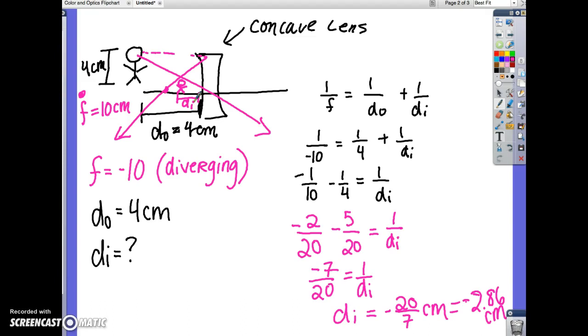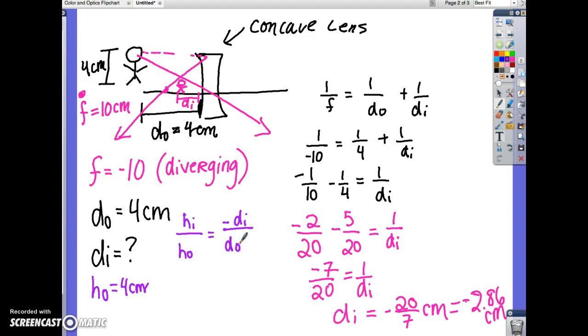Now, to find the height of the image, we're going to have to use what we know about DI and DO and the original height of the object. The original height of the object, remember, was 4 centimeters. So remember that ratio, HI over HO equals negative DI over DO.